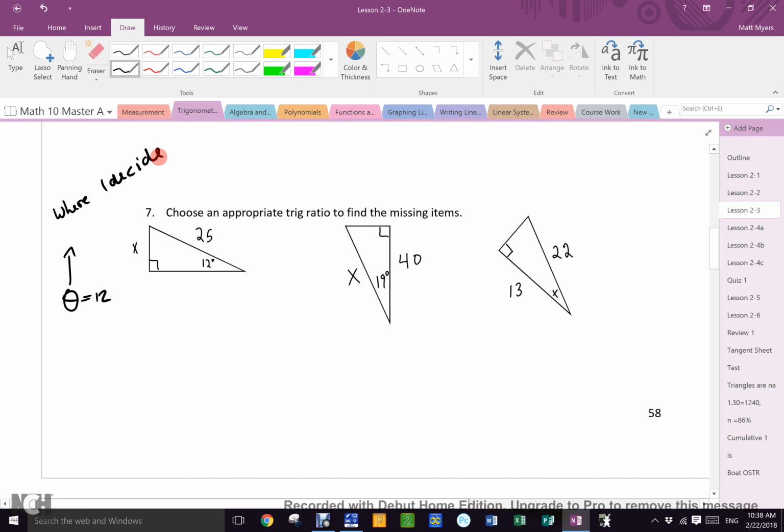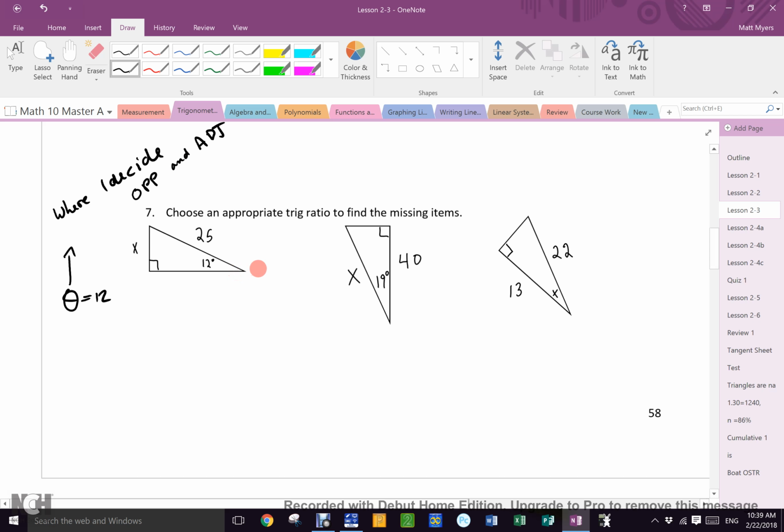What are the two sides of the triangle I get to name? There's only 3 sides: opposite, adjacent, and hypotenuse. Which are the two that I get to name? Opposite and adjacent. The theta is where I decide the opposite and the adjacent.